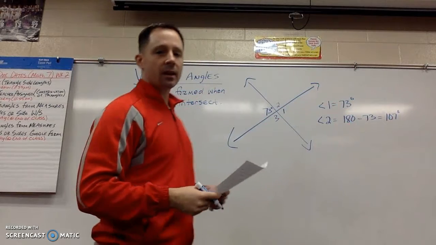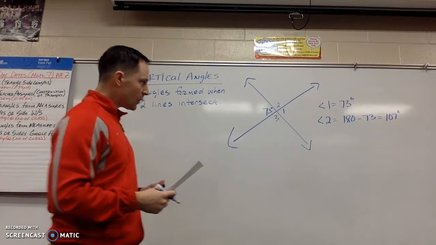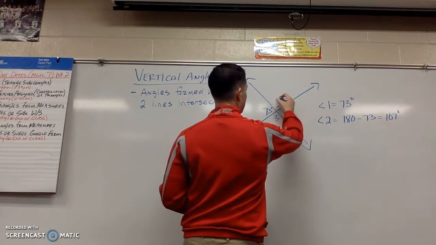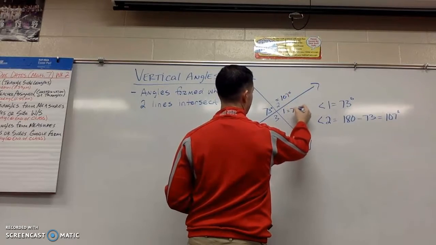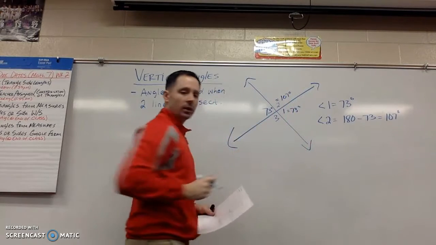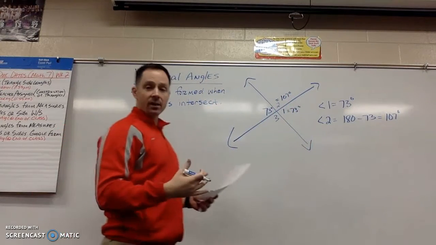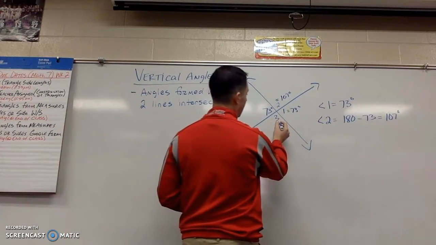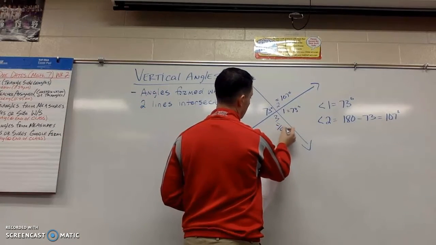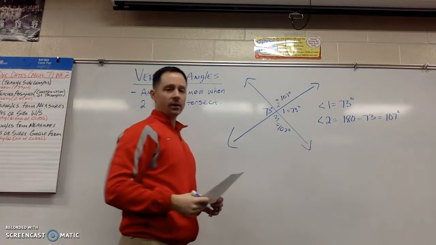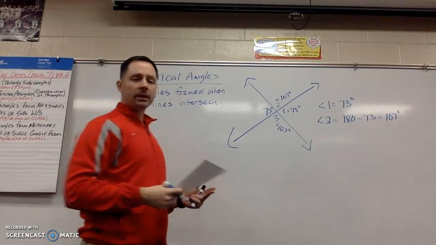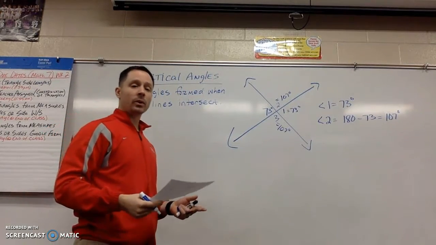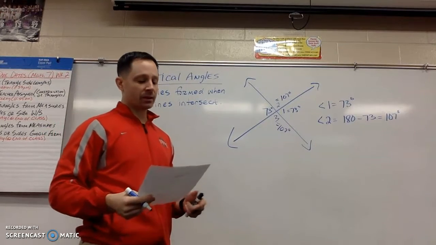So this one is 107. We already know that this one is 73. So if angle 2 is 107 degrees, then angle 3 is also going to be 107 degrees. This is probably the easiest type of example we have. This is a level 1 type of example.